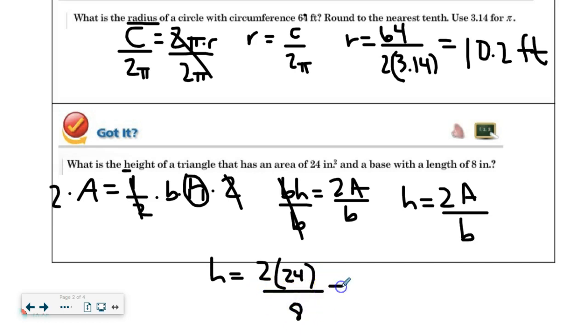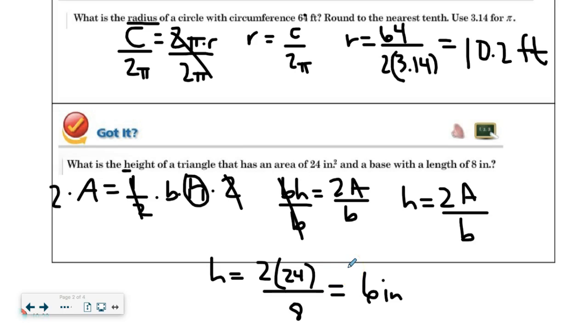You see where this is going? 2 times 24 is 48, divided by 8 is 6 inches. The height is 6 inches. Why isn't it inches squared? Because area is squared. Height is just one dimension, so it's just regular inches, 6 inches. Okay.